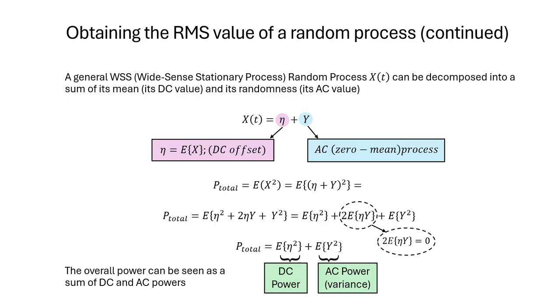Here there is a monumentally important conclusion, which relates the statistical deviation of a random process to its RMS, and that conclusion is this: the RMS of a random process is exactly the same as the standard deviation of the random process when the random process is a zero mean random process, with DC power equal to 0.